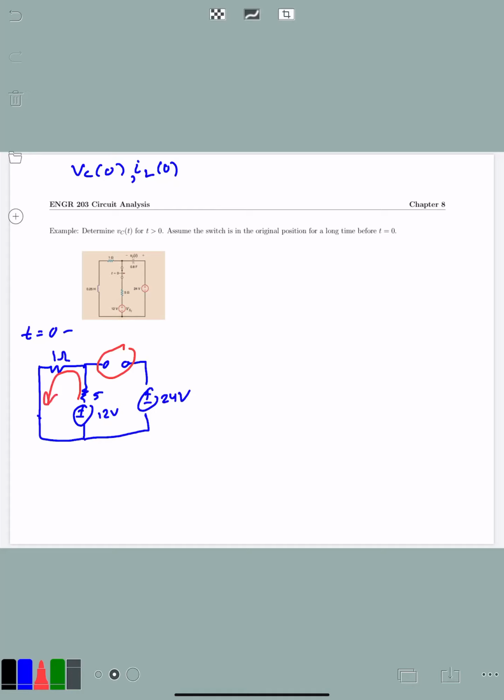And we can find that current there by just doing V over the total R. So IL of 0 minus, which is IL of 0 plus, is going to be 12 over 6, or 2 amps.